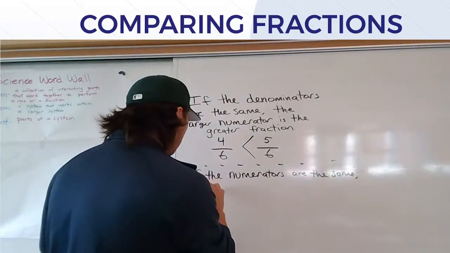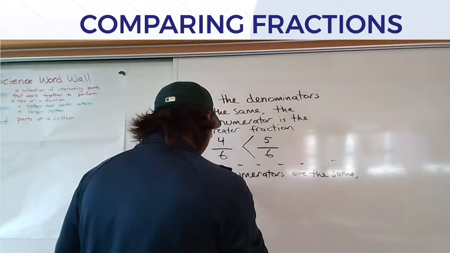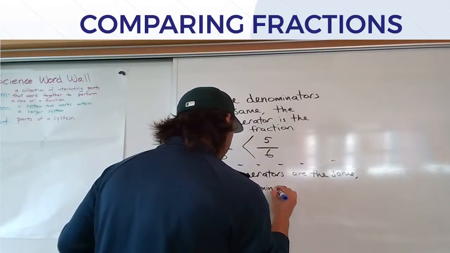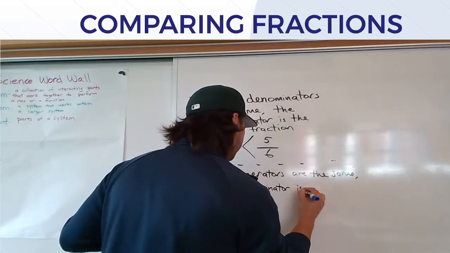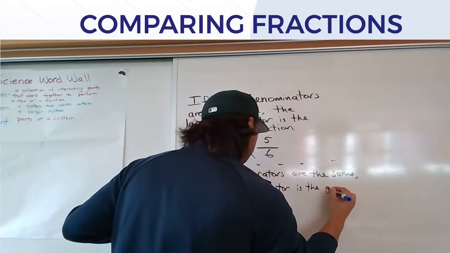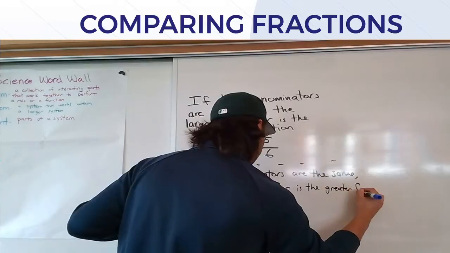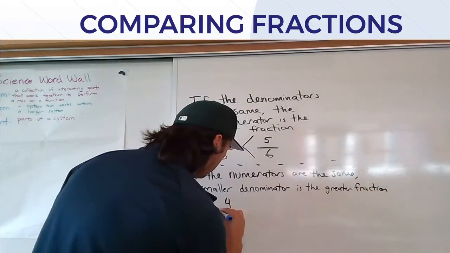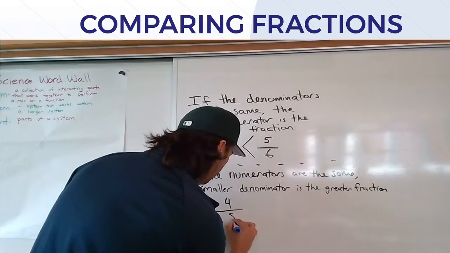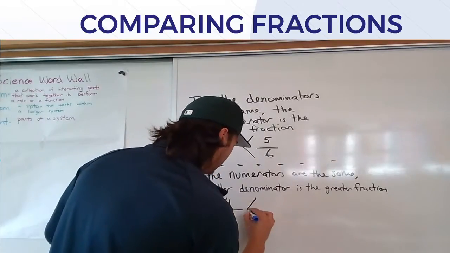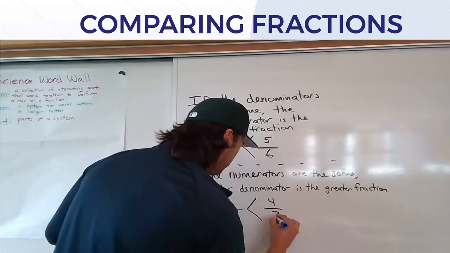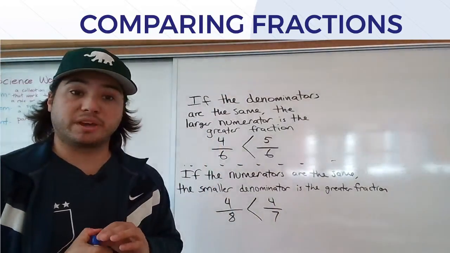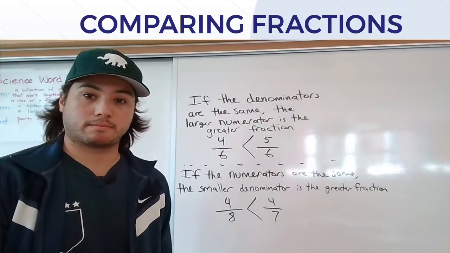So the smaller denominator is the greater fraction. Right? 4/8 is going to be less than 4/7, because a 1/7 is a bigger piece than an 1/8.